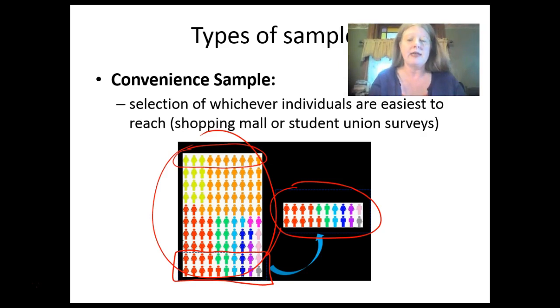So notice that each of these people is a different color. And so imagine that the colors refer to some particular characteristic of the population. So by taking a convenience sample, we might not be getting the best representation of the population. And that can be problematic if we're trying to say something about the population. What we end up saying might not be valid because we don't have a good representation of that bigger group.